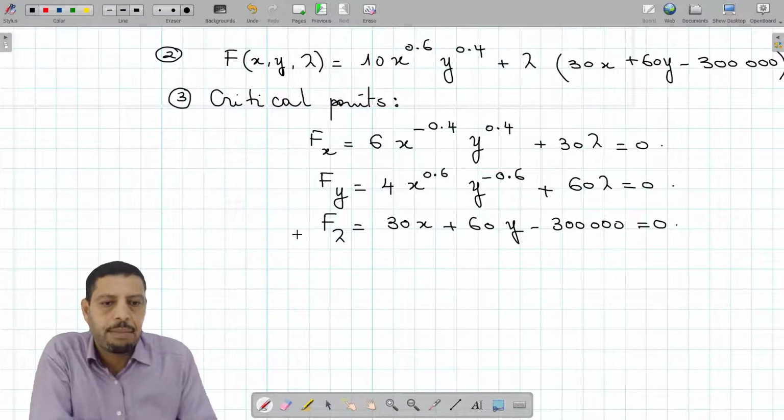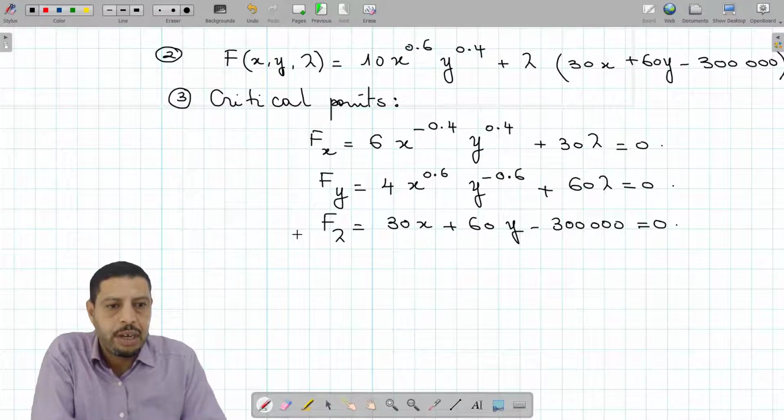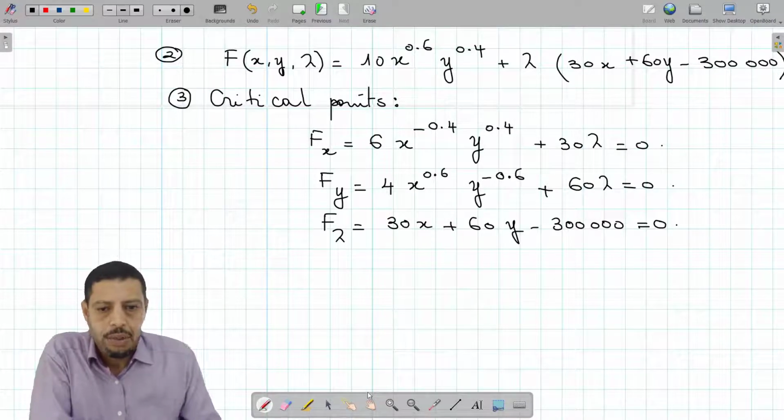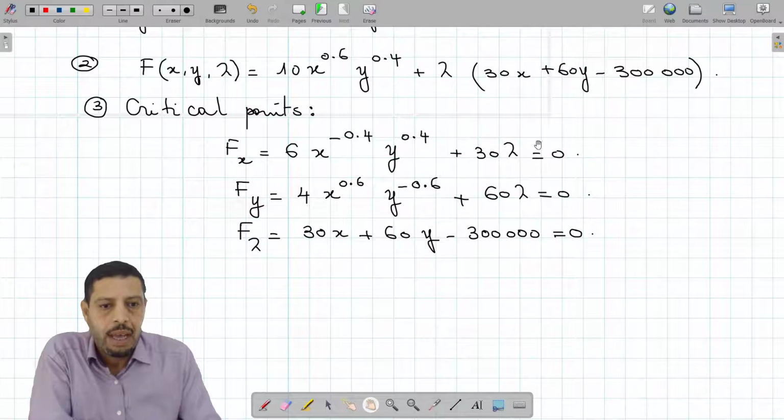To solve this system, I will show you a universal method, which works with the Cobb-Douglas functions. So the strategy here is to get the lambda from the first equation, get the lambda from the second equation, write the equality between the two quantities, and insert the relationship in the third equation.